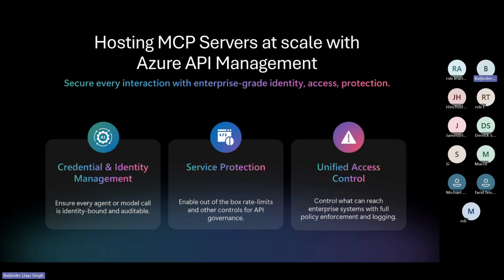So it provides centralized policy enforcement, logging, and monitoring. Some of these I will demonstrate in my demo in a few more minutes. So to summarize, MCP is defining the protocol, and APIM is enforcing those protocols or rules.